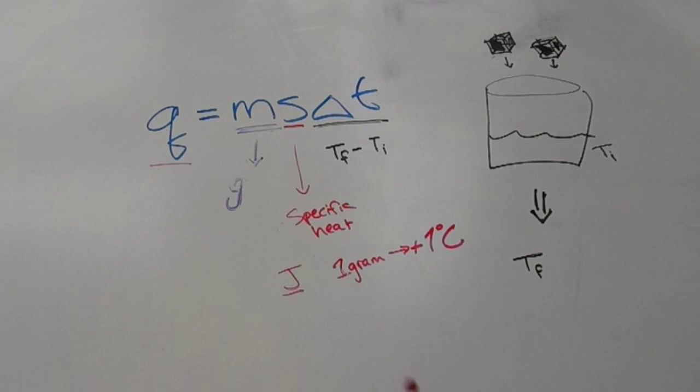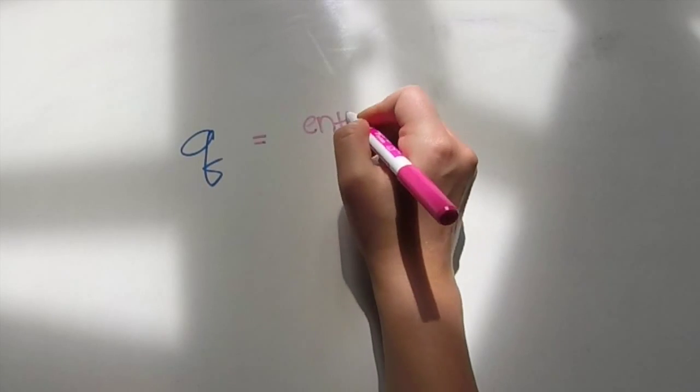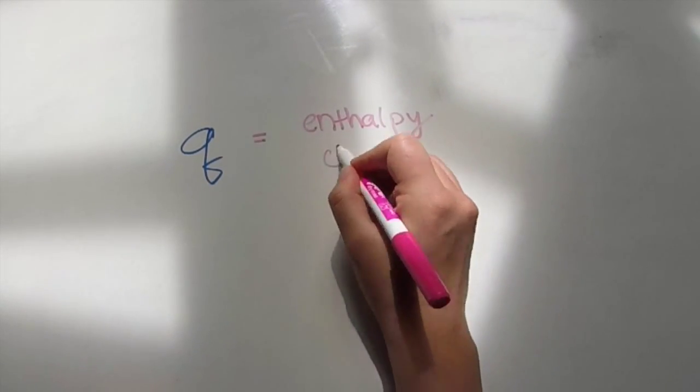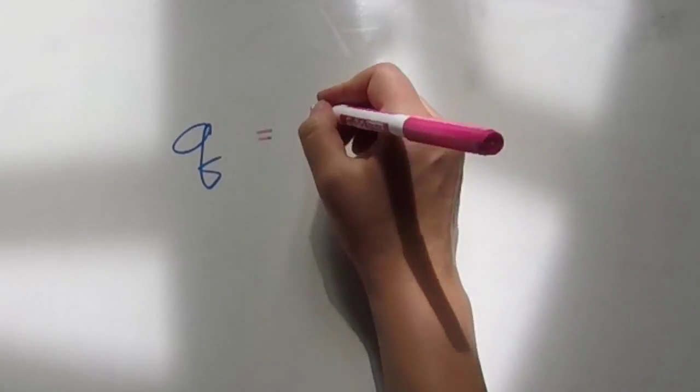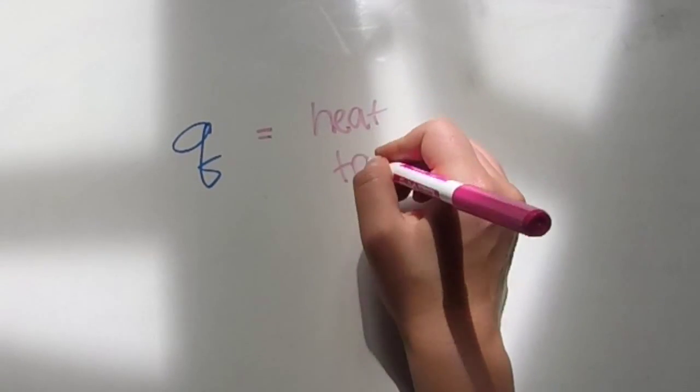And now we're left with Q, which is probably the most complicated of all 4 of them. And it's the product of your mass, your specific heat, and your delta T, your temperature change. And what it stands for is enthalpy change, or put more simply, heat transferred.